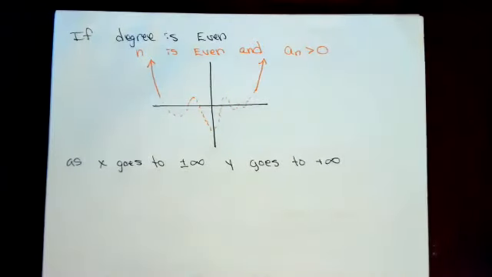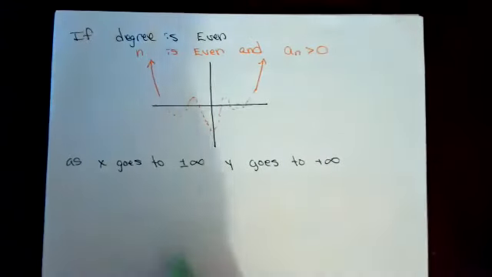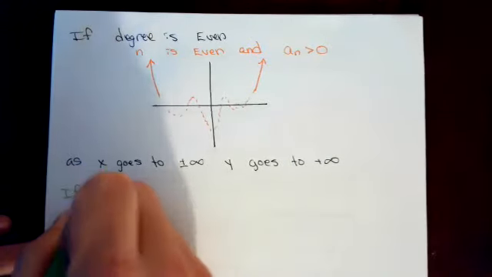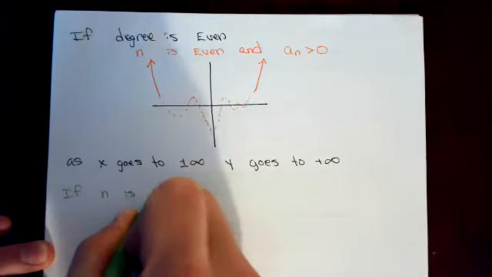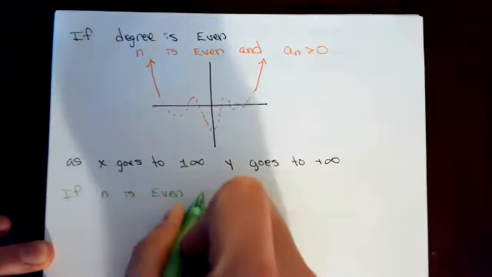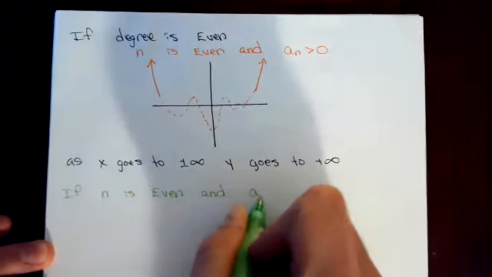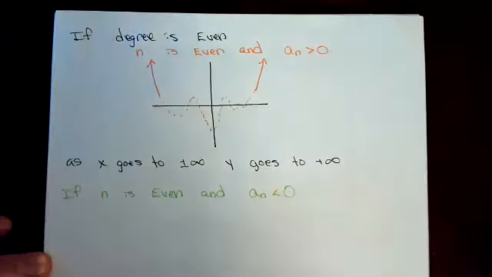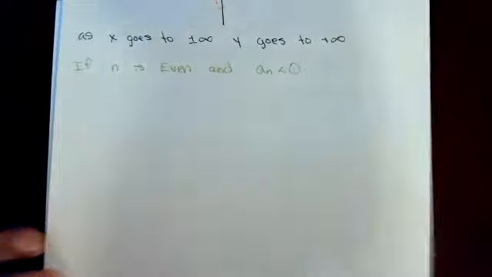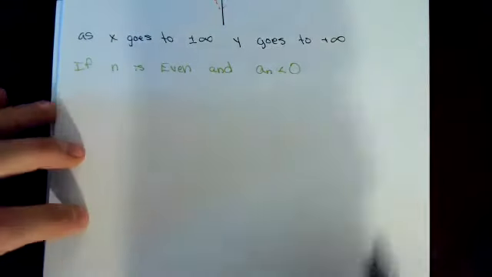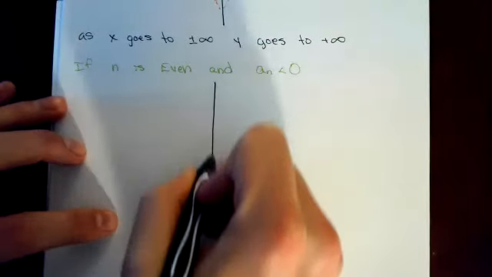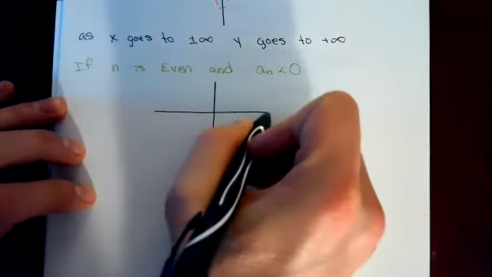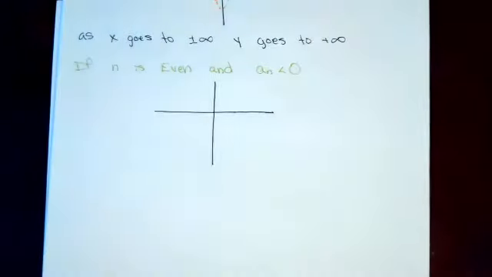Our next case: if n is even and the leading coefficient is negative, then, as we kind of saw last week, it really corresponds to flipping a graph of a positive function.